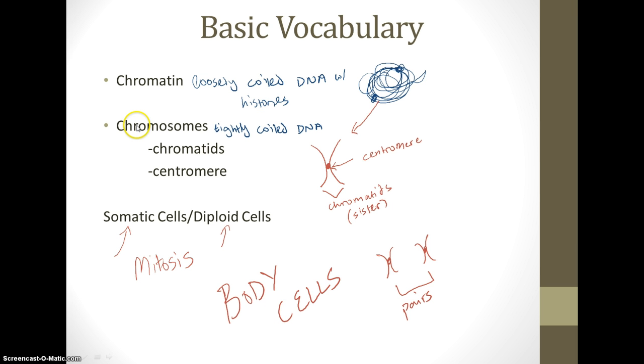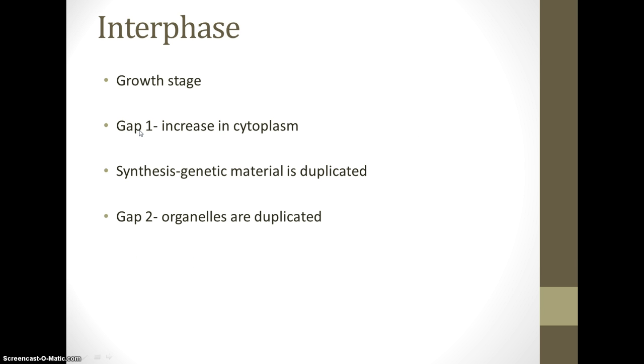So the first step of the cell cycle is known as interphase. This is known as the growth stage. This is where the cell spends most of its life maturing, so that it can be duplicated. So interphase is known as the growth stage. That is very important, growth stage, and it is split into three parts, which are gap 1, synthesis, and gap 2.